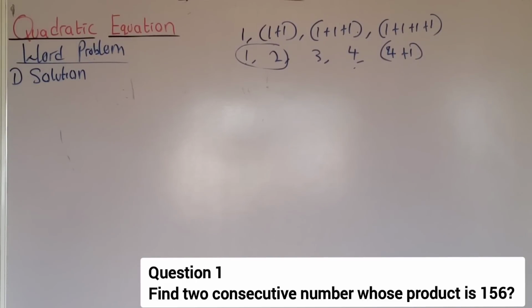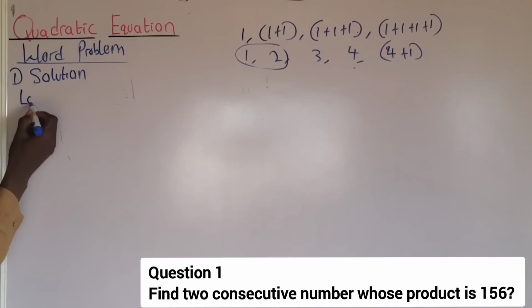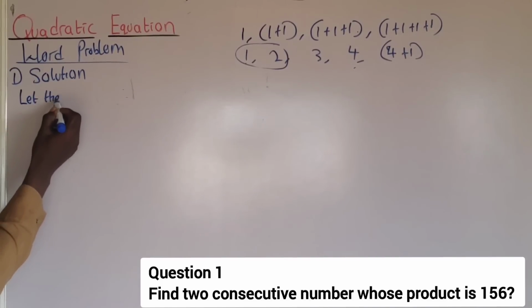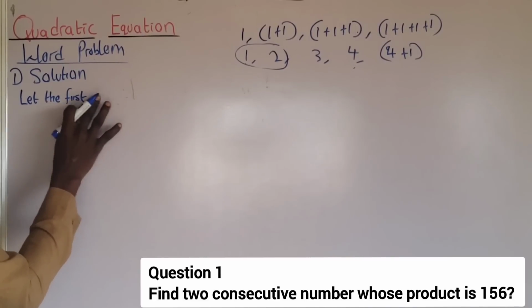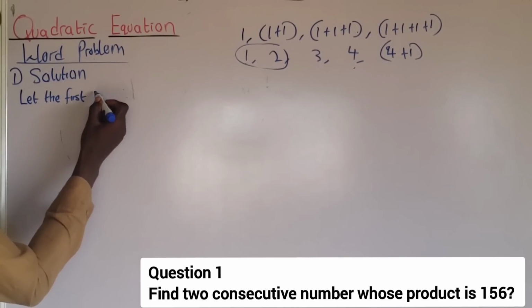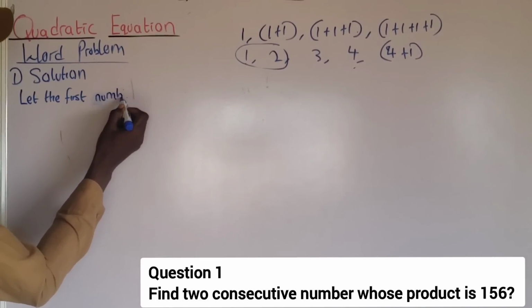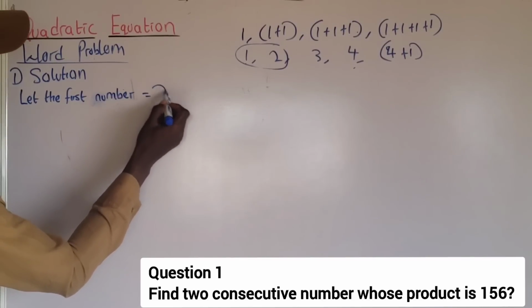Now we are given: find two consecutive numbers whose product is 156. We don't know the two numbers, so let us represent them with x. Let the first number be x.